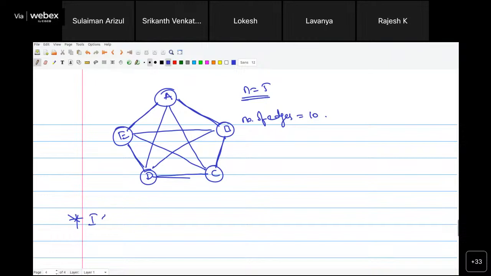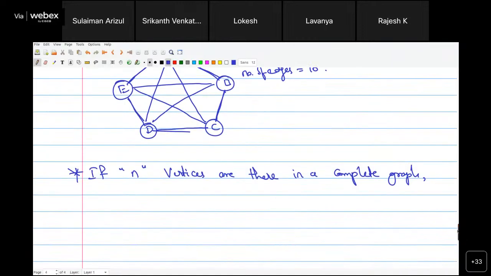if you have n vertices in a complete graph, then the number of edges in that graph will be, anyone?